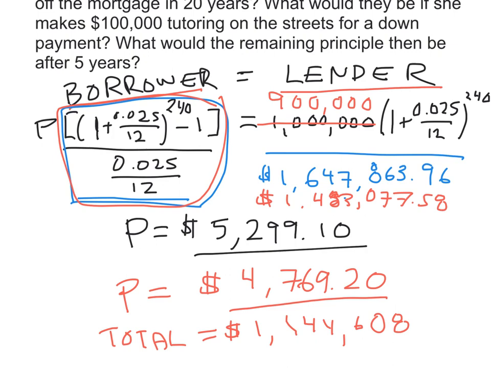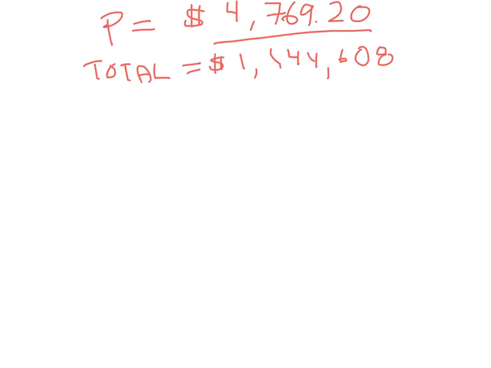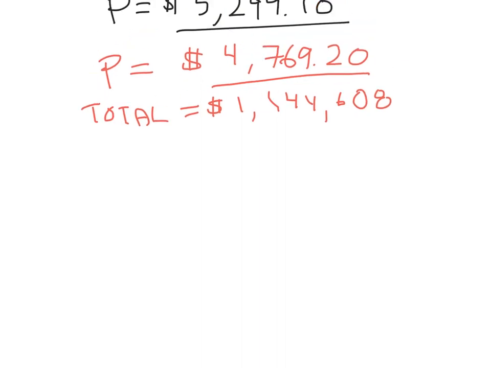What about the last part of the question? What would the remaining principal be after 5 years? Remaining principal is how much of the loan is left, just the loan, not the interest, after you've made these payments. So in order to do that calculation, this time we know what the payment amount is.